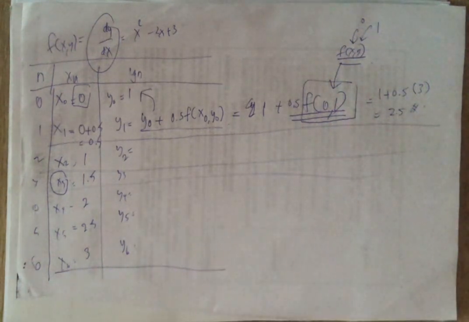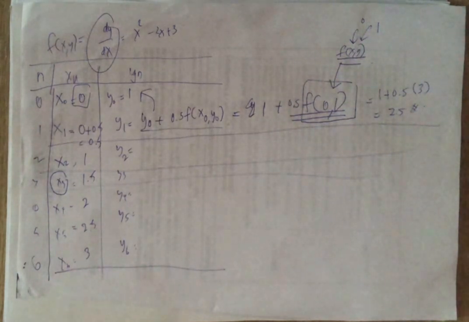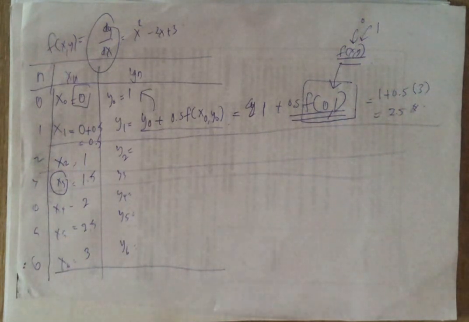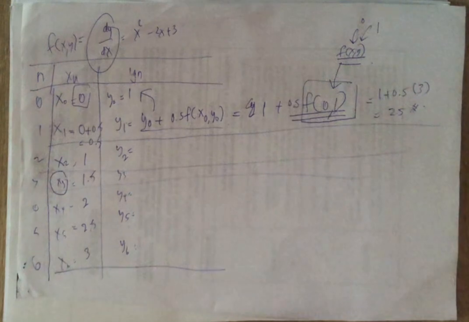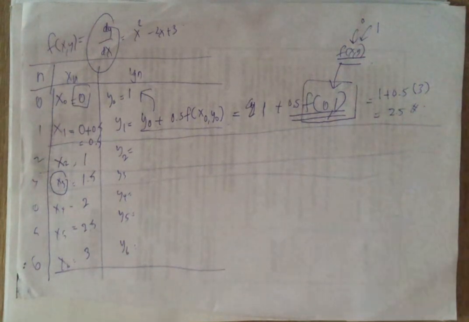Y2 salah, y3 of course salah. Until lah y6 pun salah. So please make sure, jangan kalang kabut nak kira sangat. Calculate carefully because nothing pun kat sini. Chapter ni is nothing. You just substitute the values slowly, calculate carefully, and then you will get the answer correctly.